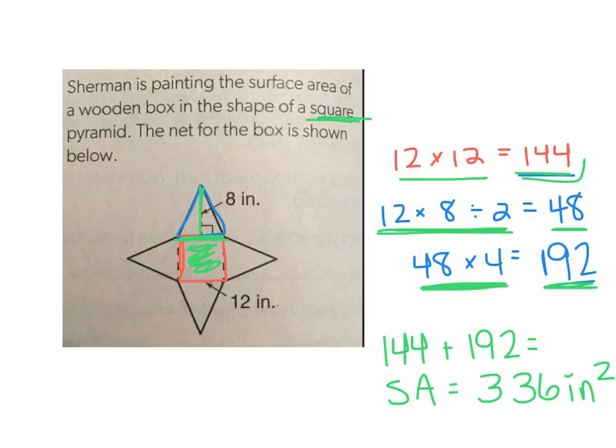And then I add the square plus the 4 triangles and got a final answer, or the total surface area is 336 inches squared.